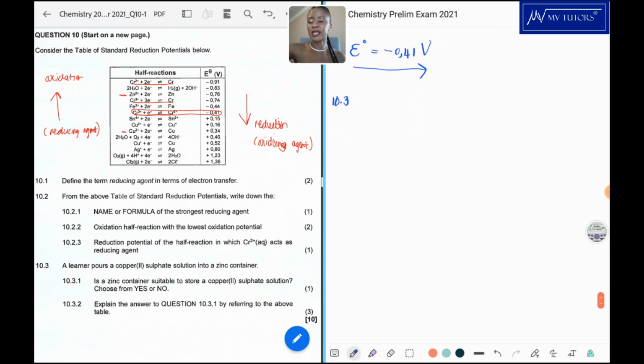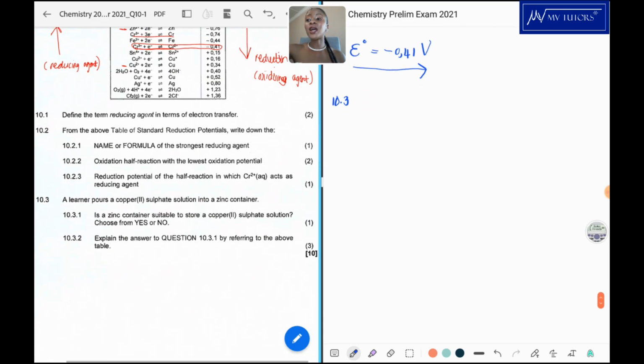Okay, now we get to 10.3. So now a learner pours a copper 2 sulfate solution into a zinc container. So there you have a zinc container. Just going to make it a little bit thick.